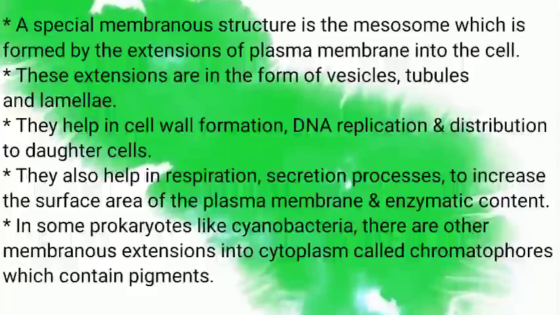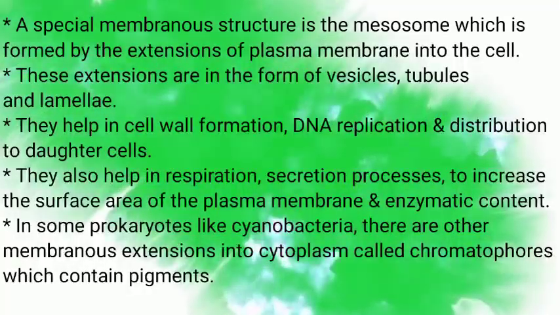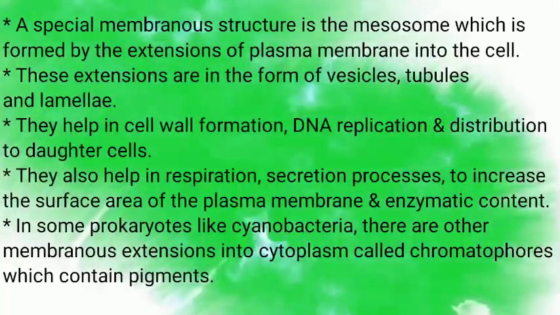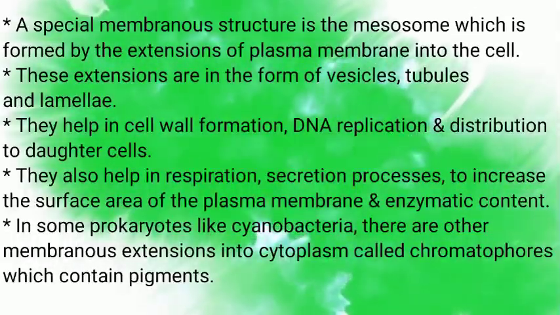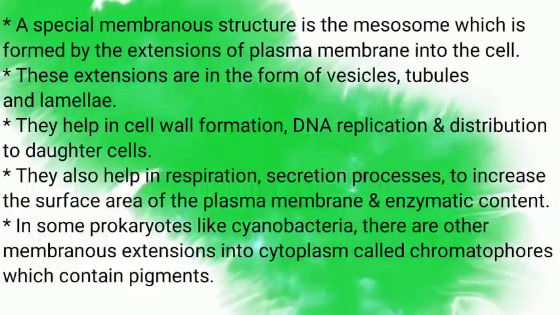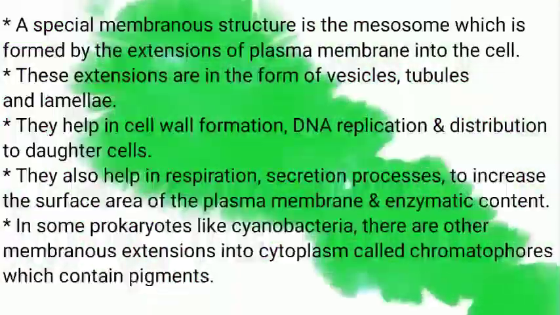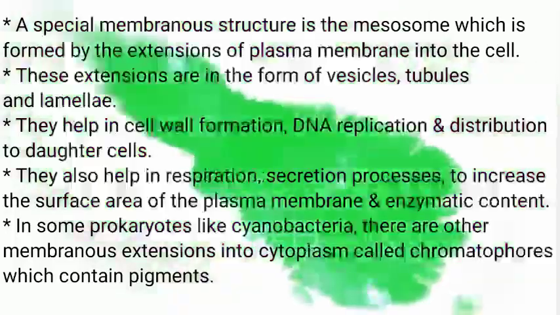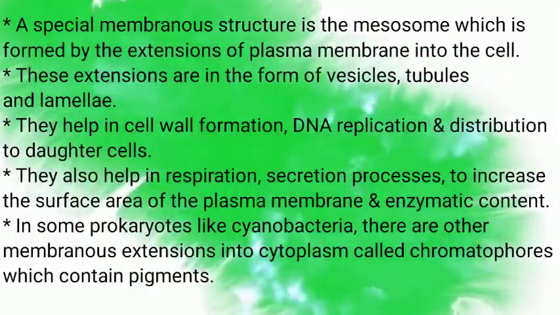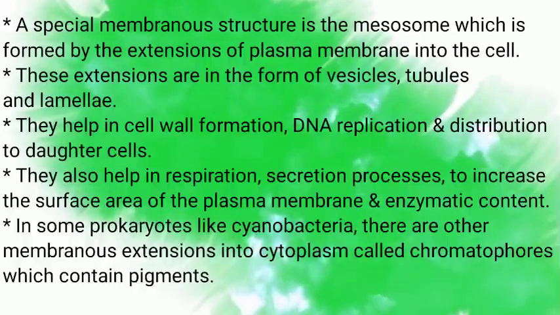Special membranous structures called mesosomes are formed by the extensions of the plasma membrane into the cell. These extensions are in the form of vesicles, tubules and lamellae.